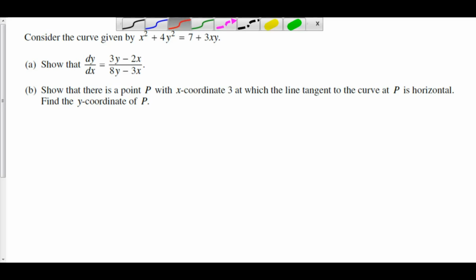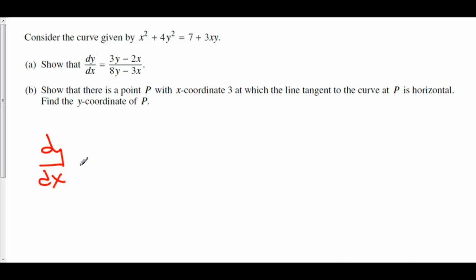Now, if our tangent line is horizontal, that means that the derivative is equal to 0, since a horizontal tangent line has slope 0, and the derivative is the slope of the tangent line. So let's set dy over dx equal to 0.